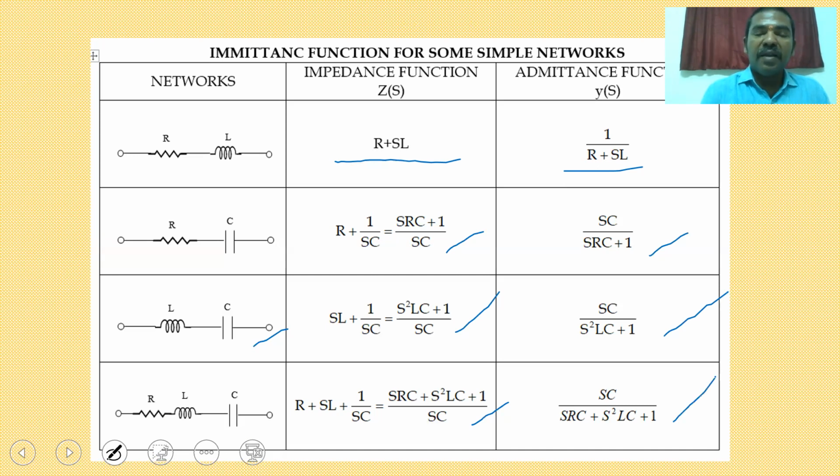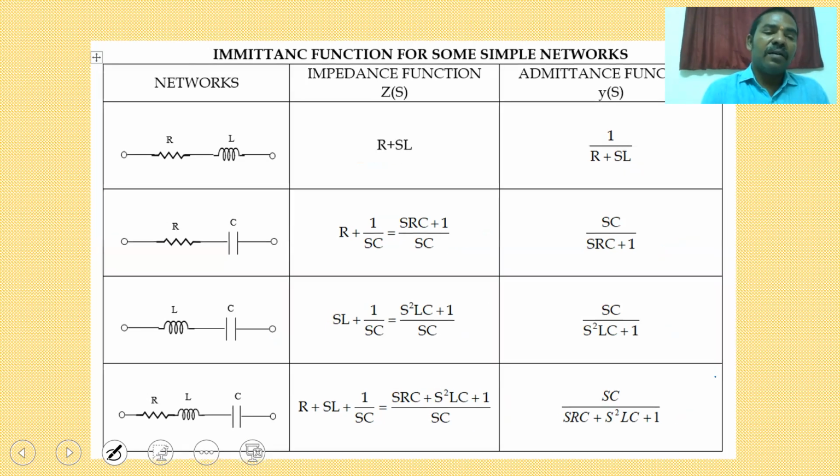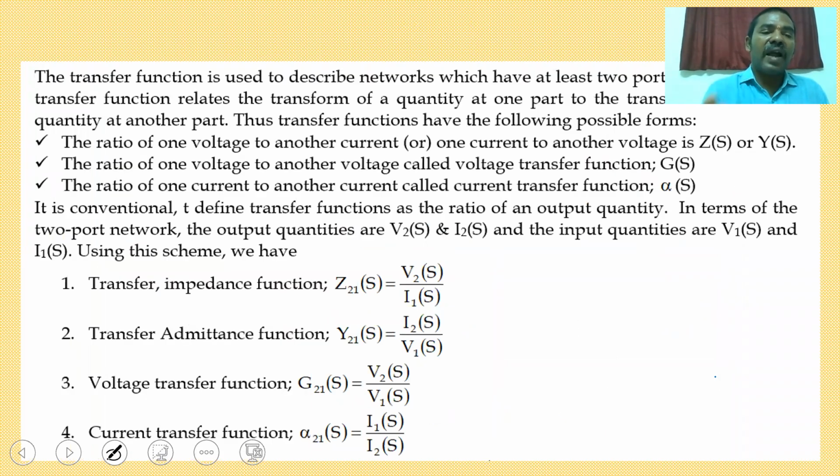So similarly, for transfer impedances. If it is a two-port network, two pairs of terminals must be there.